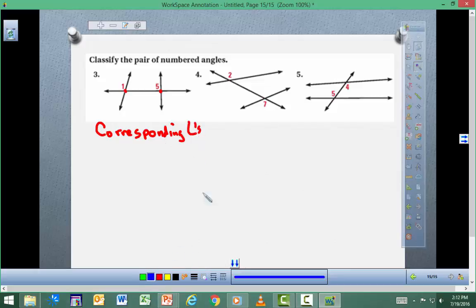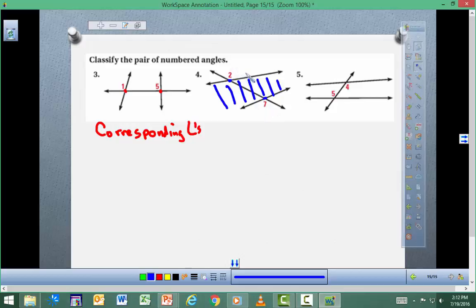Alright, well how about this one? If this is my transversal right here going along this way, then this portion here would be the interior portion, and so angles 2 and 7 are on the exterior portion. And notice 2 is kind of on the top right side. 7's on the bottom left side.